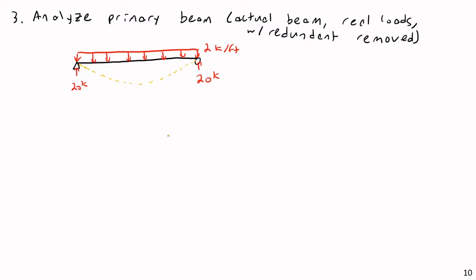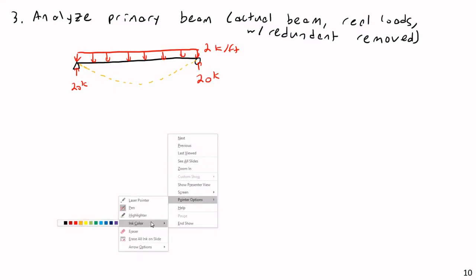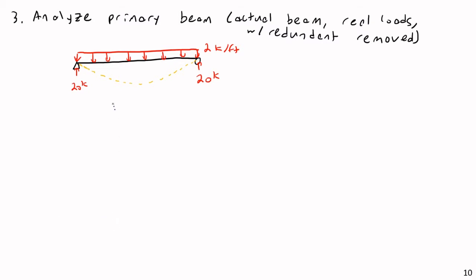And we are interested in finding the deflection at the location where we removed the support. So we're looking right here at what would be our delta BO, capital delta BO. That's going to be the deflection at point B from the primary loading. In terms of dimensions that we saw previously, this is going to be 12 feet and 10 feet. So we have a simply supported beam with a uniform load on it, and we basically need to find the deflection at this point here.